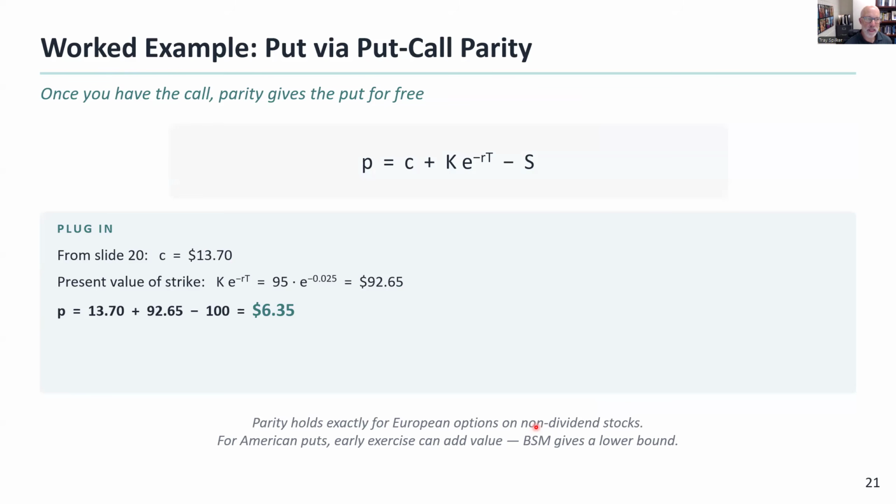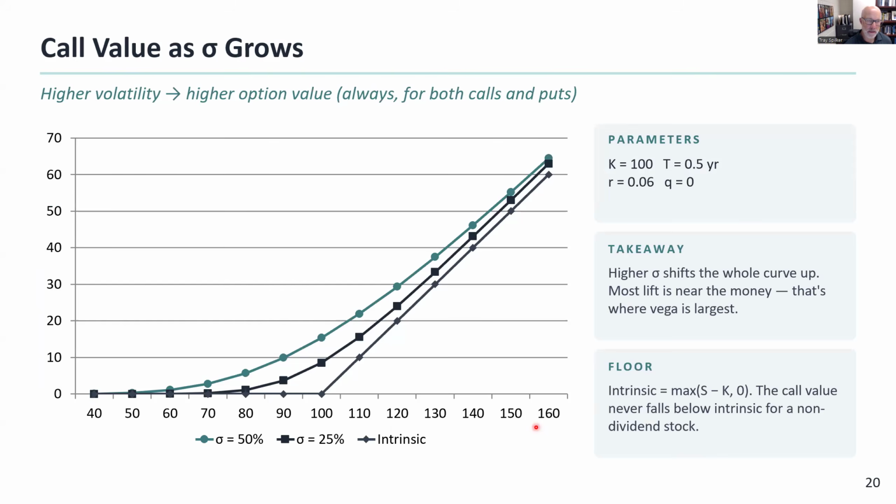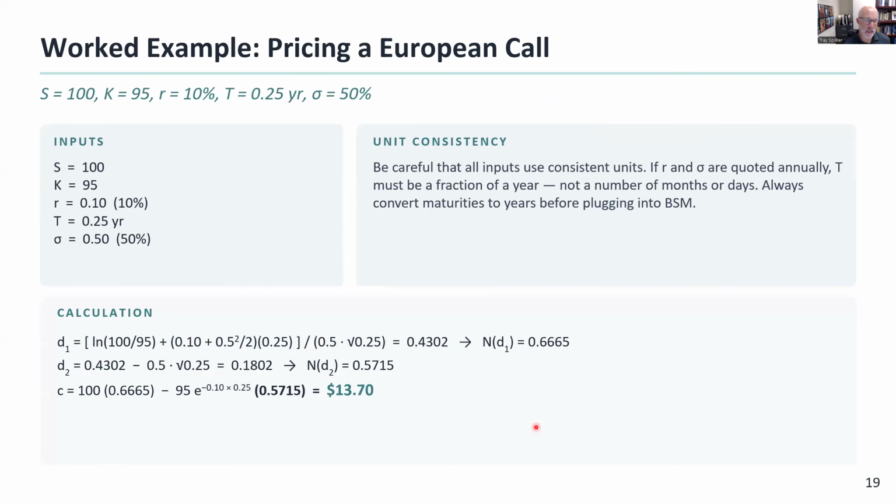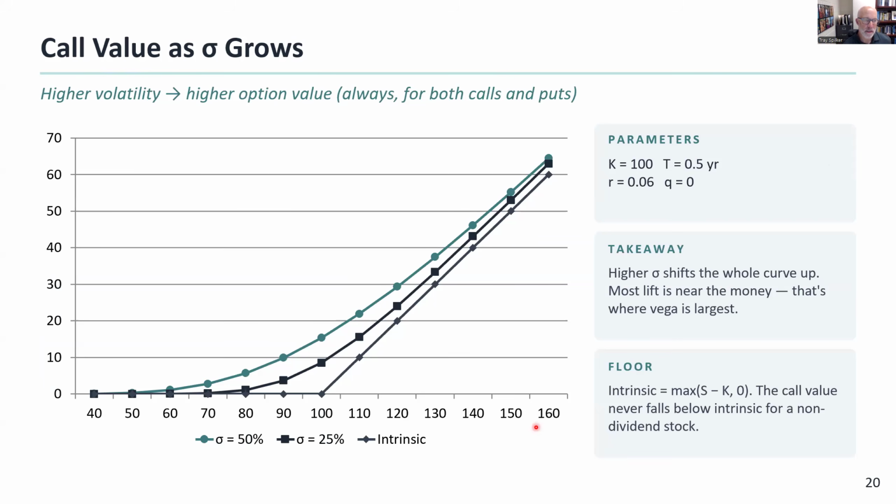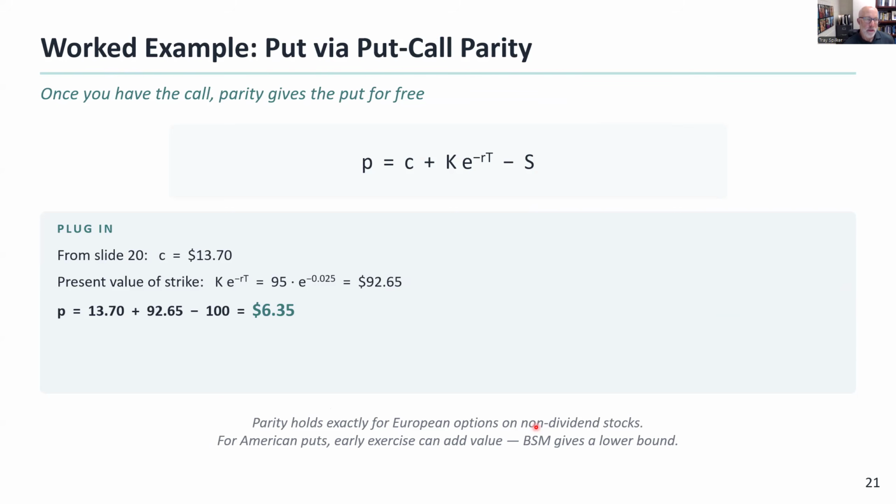From slide 20, or the last slide, two slides ago, I guess slide 19, the call option was worth $13.70. If you take the present value of the strike price of $95, this is equal to 92.65. You plug it into the equation, call plus present value of the strike minus the share price, and the put option is worth $6.35. So it's pretty straightforward there.